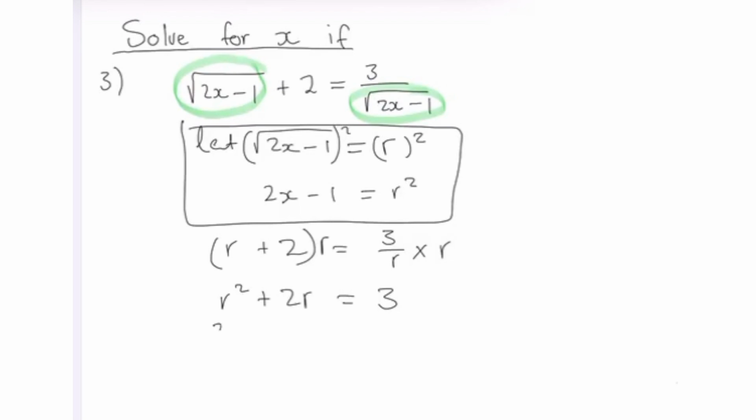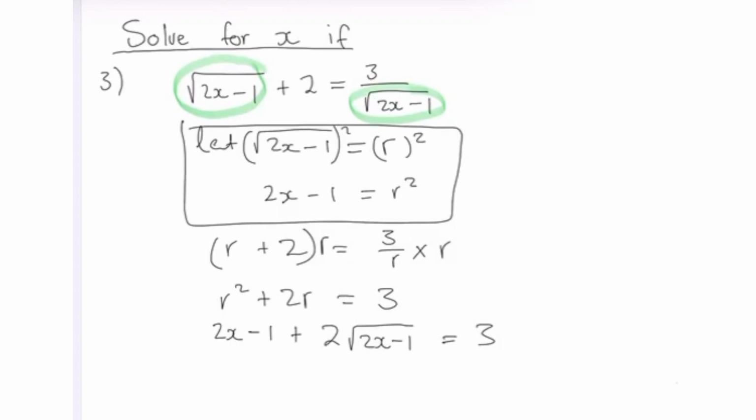Our R squared is 2x minus 1, plus 2R, which is 2 times the square root of 2x minus 1, and that will give you 3. And then we proceed from here.